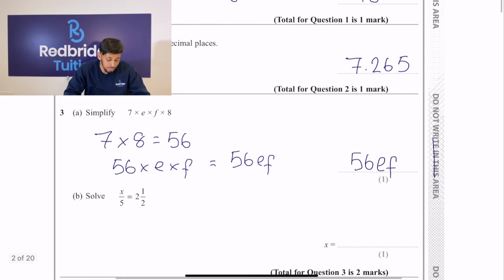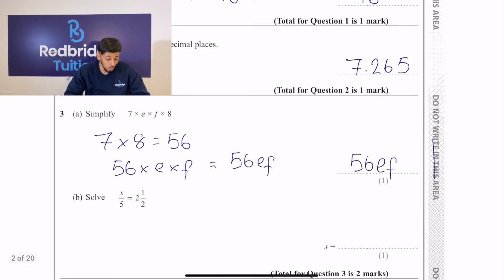Now part B. What we have to do is solve the value of x. So we've got x divided by 5 is equal to 2.5. Now firstly, this is a mixed number, and we need to convert this into an improper fraction. So firstly, we're going to write down 2.5, and we're going to convert this into an improper fraction.